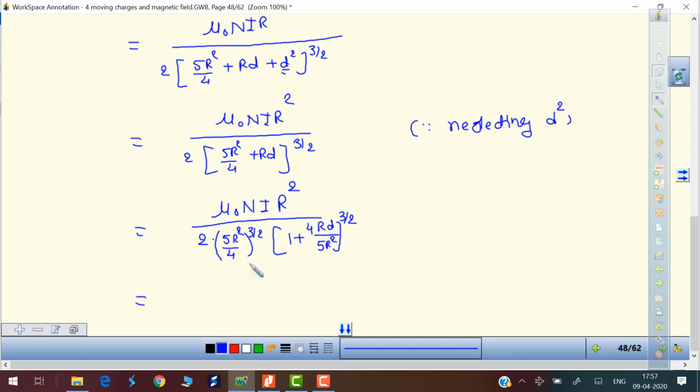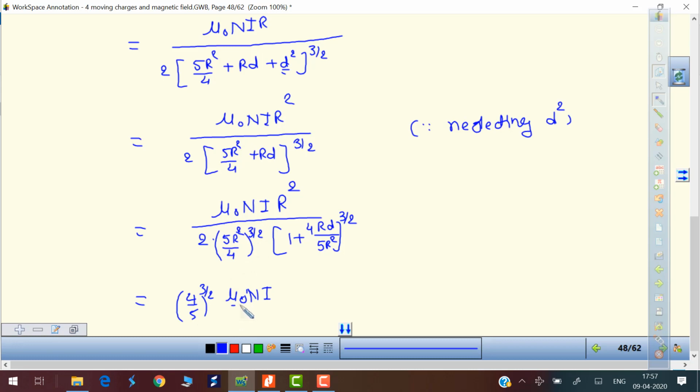So this is mu 0 n I. Now look here, this is r square, and this cancels with the 2, so r cube and one r square cancels. Then this is 4, I can write 4 by 5 raised to 3 by 2.